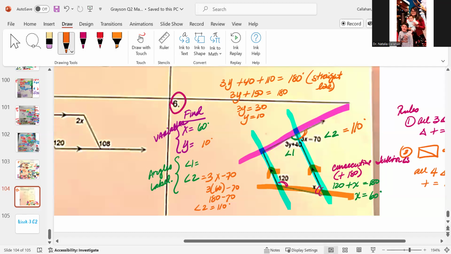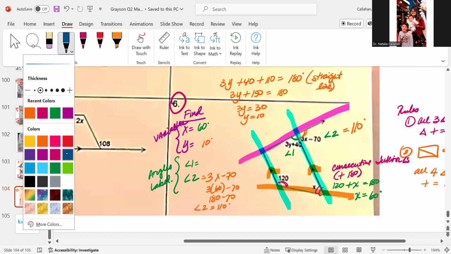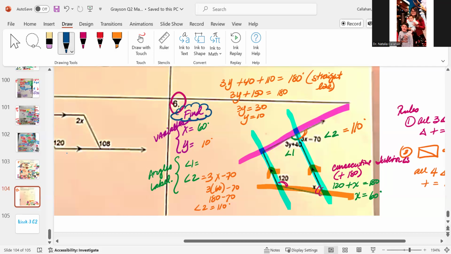So now what's the last thing we need to find? Angle 1. Yeah, but do you see how when you put find, this is important? So that way you know exactly what you need to find, because if you don't have that, this gets all messy, okay? So angle 1 is equal to 3y plus 40. Do you know what y is? y is 10.